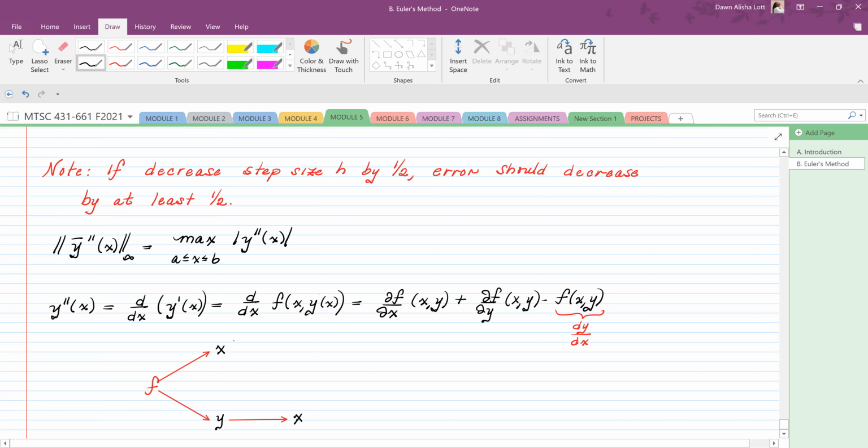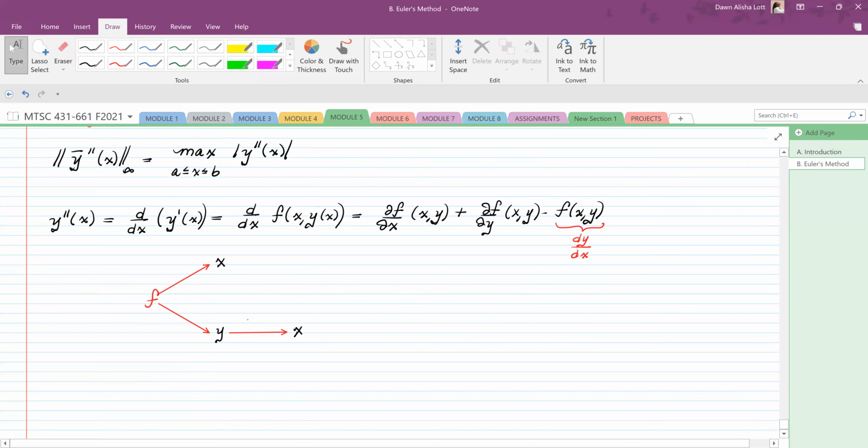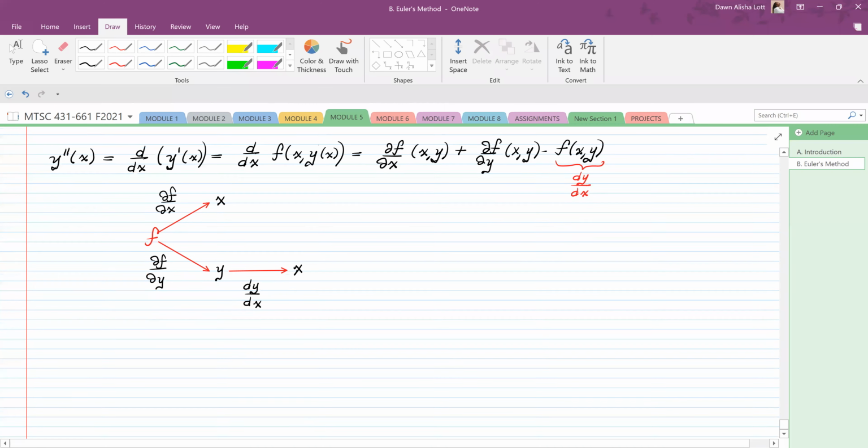You have to go out the one branch plus out the other branch, but then this branch would have given you dy dx. And this branch gives you the partial of f with respect to y. And this branch gives you the partial of f with respect to x. Okay, so just so you can see that that's one way of doing it. If you're not quite sure how to find a maximum for y double prime, here's a way that you can do it, okay? All right.